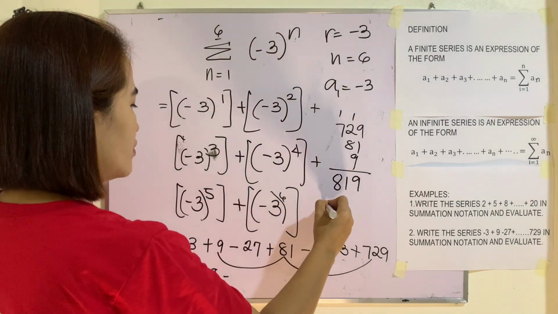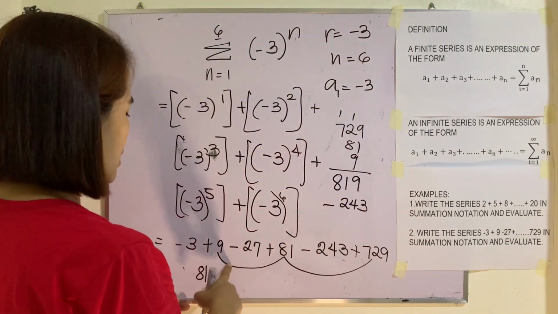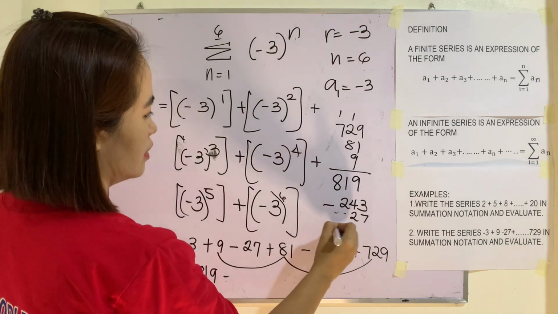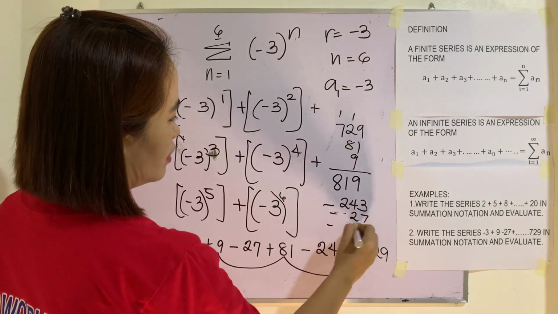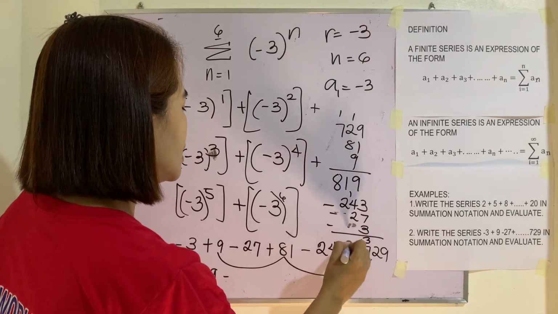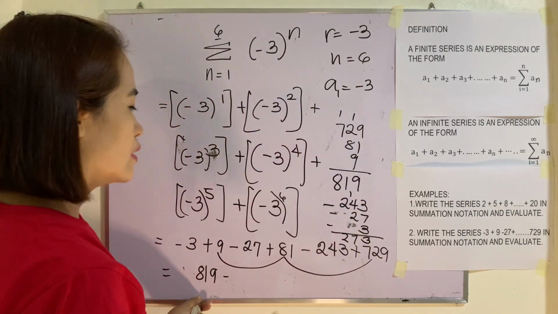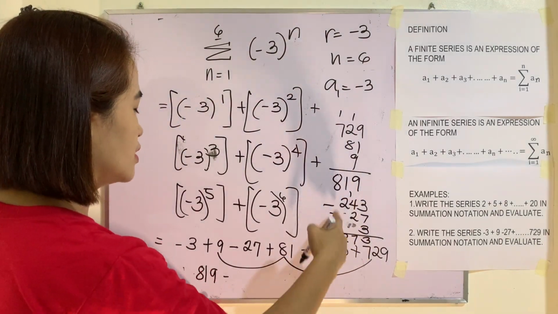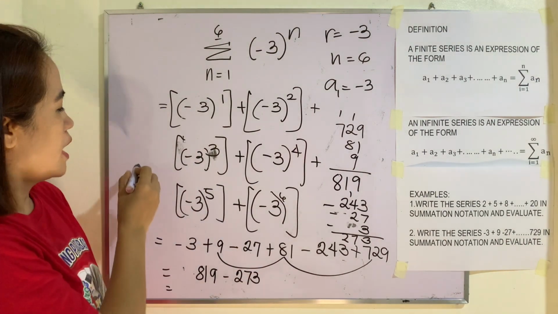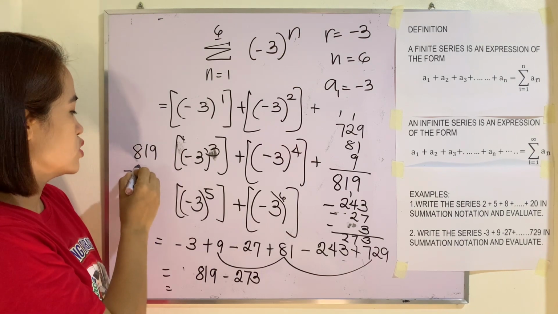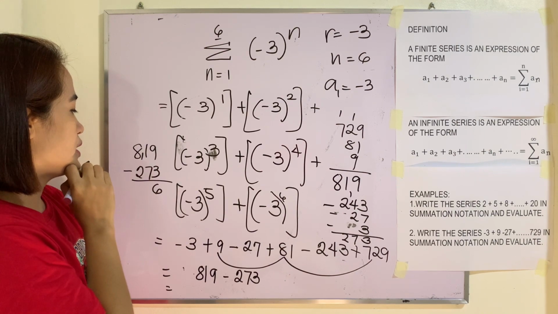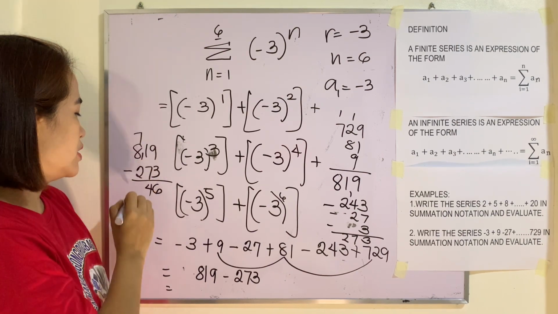Then minus the negatives: 243, 27, and 3, which gives 273. So finally, we have 819 minus 273 equals 546.